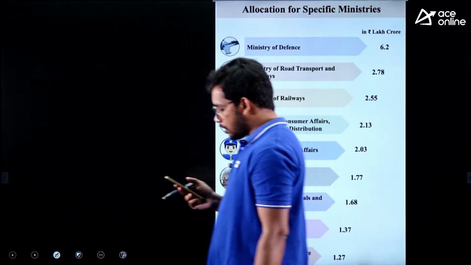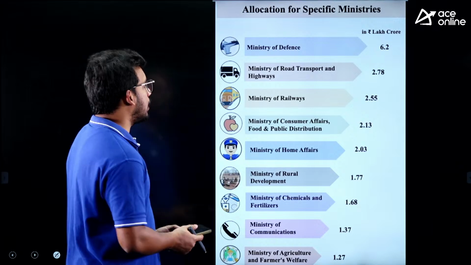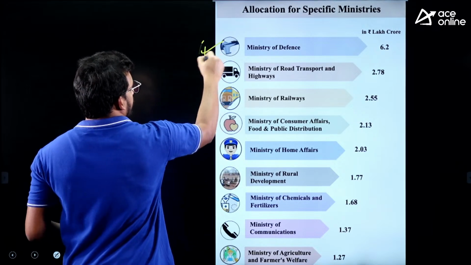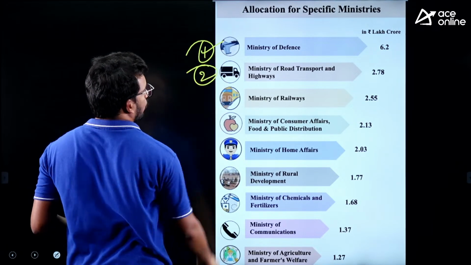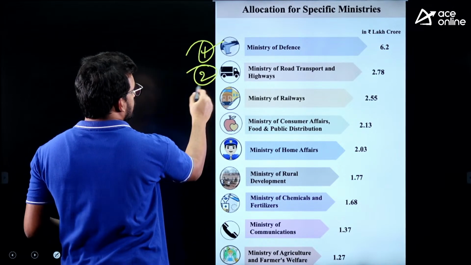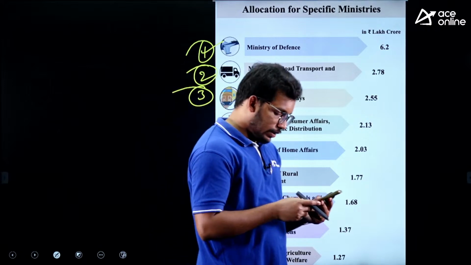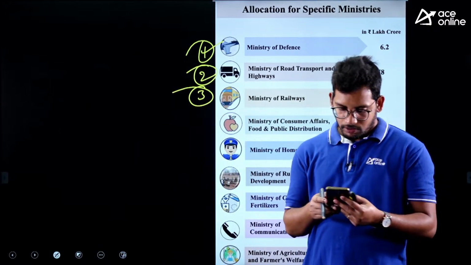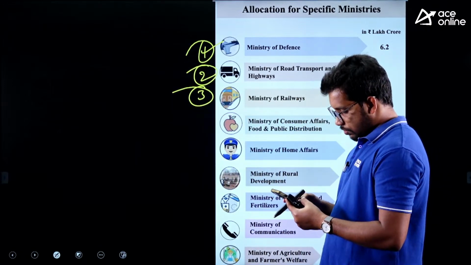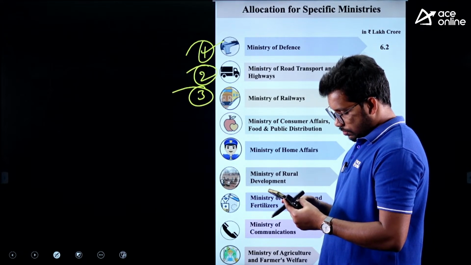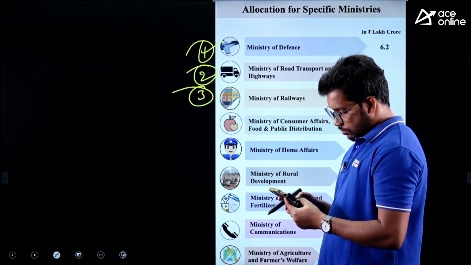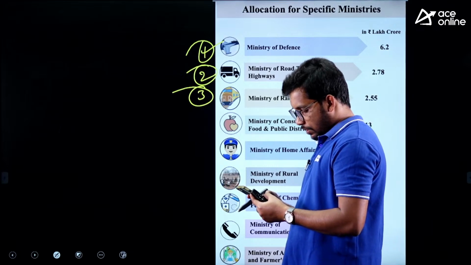You can see again the top three, at least you can remember. Ministry of Defence has the first rank, Ministry of Road Transport second, Ministry of Railways third rank. So the top three you have to remember. Any answer?